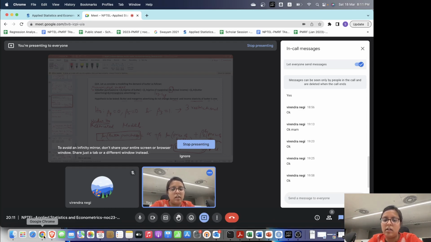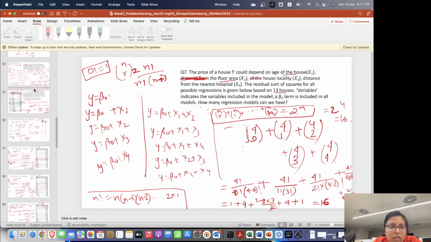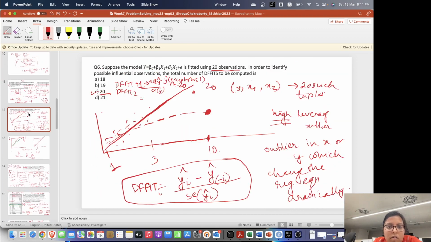Is it clear? Any question, any doubt? Question number 6: if the number of observations increases or decreases, then what will happen? Same thing, as many observations, that many DFFITS. We are checking each of the observations against what would have happened if we did not have this one.